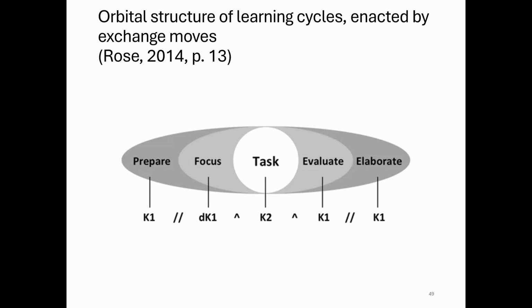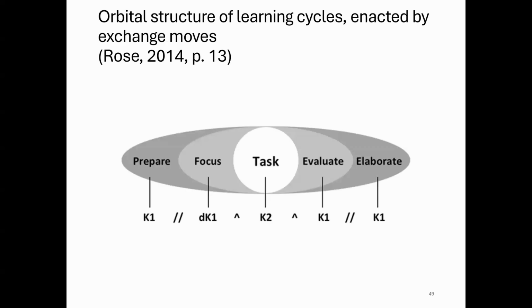Talking to Shushi Dreyfus some years ago, she suggested exchange structure analysis, so moves and exchanges, part of the discourse semantic system of negotiation, and then later David Rose's work on pedagogic register analysis, and going back many years to Sinclair and Coulthard's work on classroom discourse and IRF patterns, the F being feedback.